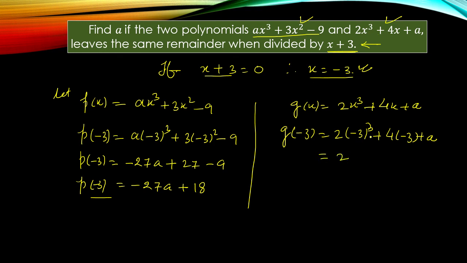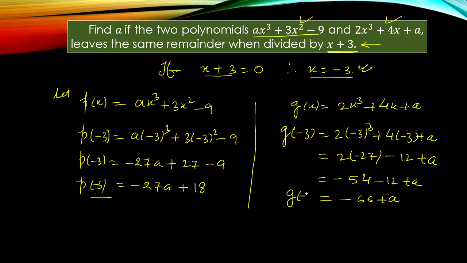So 2 into minus 3 the cube is minus 54, minus 12 plus a, and now the remainder is minus 66 plus a. That is the remainder we are getting by the second division. This is remainder 2 and this is remainder 1.